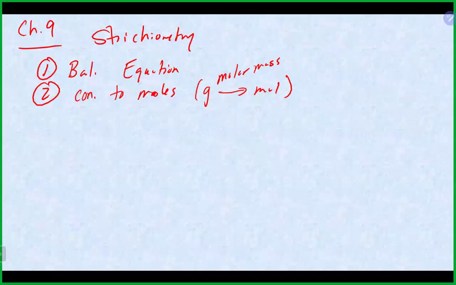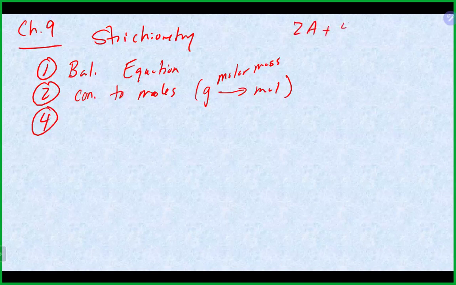Once you do that, you have yourself set up to do the mole-to-mole relationship from the equation. When we look at an equation, the mole-to-mole relationship can be found by looking at the coefficients. This is the whole purpose of stoichiometry: step 3 is to use a conversion factor.